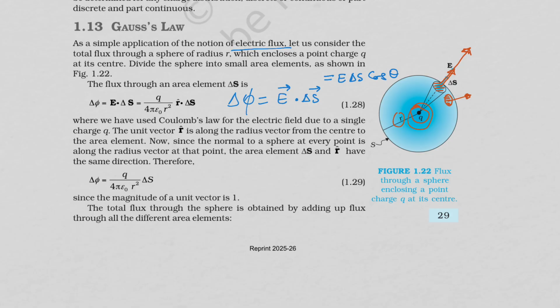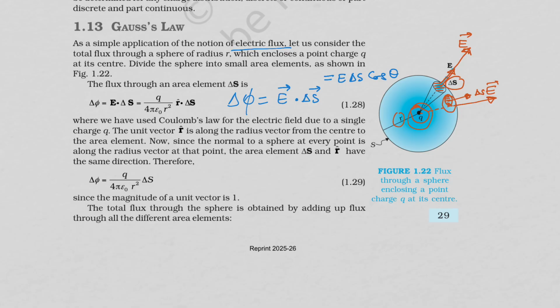So the electric field line will be radially outward, the same direction as that of the delta S. And if we talk about the direction of the electric field at the second area element, here also the electric field will have the same direction as the area element.